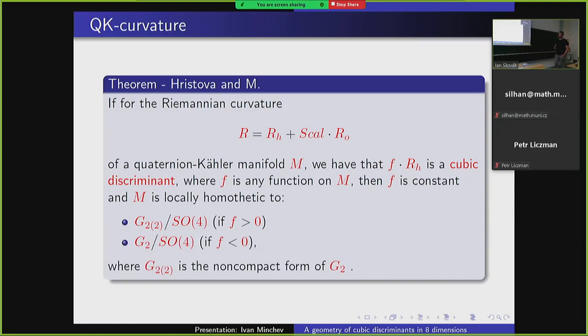So these are the only two possibilities. It's not isometric but homothetic, because of course you need to rescale the metric.